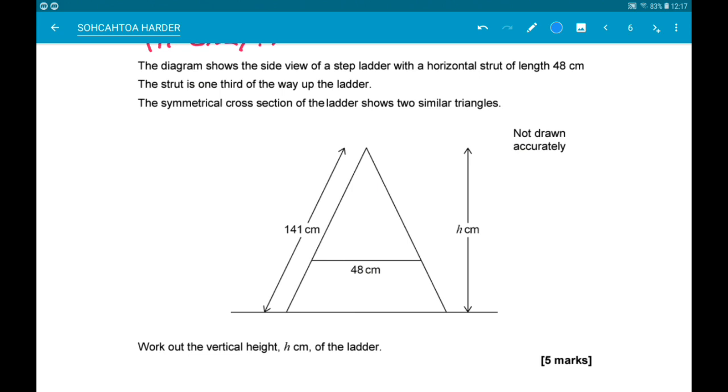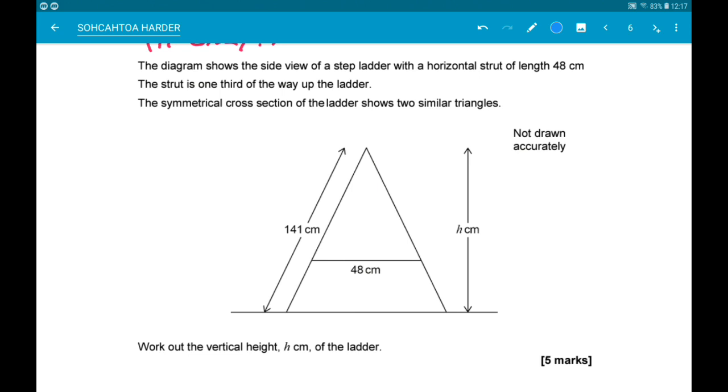We're told that the strut is 1/3 of the way up the ladder. The diagram shows 2 similar triangles. Our job is to calculate the vertical height, h centimeters, of the ladder.